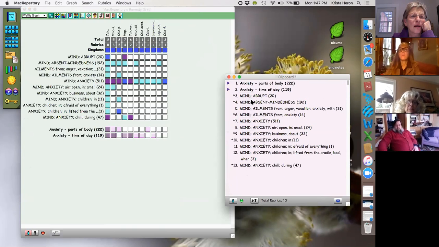So I just got rid of 80% of my rubrics in that clipboard so you could clearly see the graph. Your graph isn't going to look like this unless you get rid of 60 of your rubrics. But if you do, does your graph look something like this?